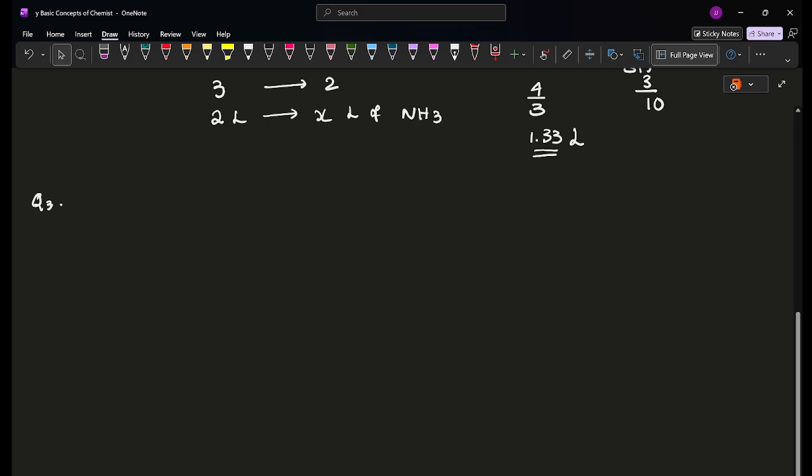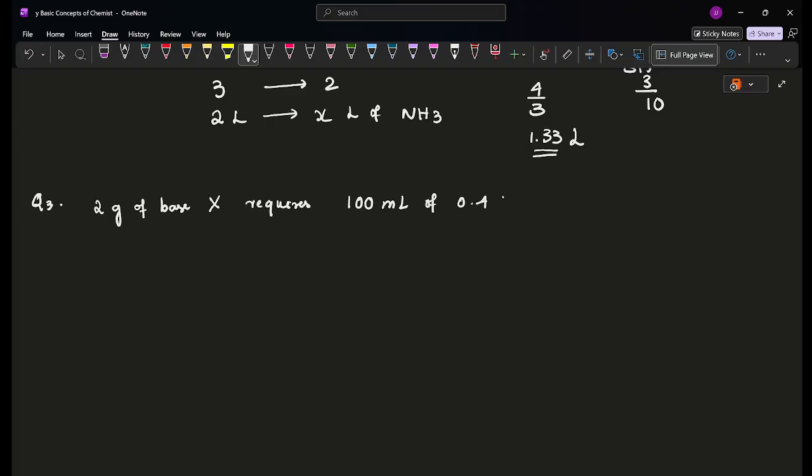So the next question is: 2 gram of base X requires 100 ml of 0.4 normal acid for complete neutralization. The equivalent weight of the base is what they're asking us. Alright, so what is equivalent weight?